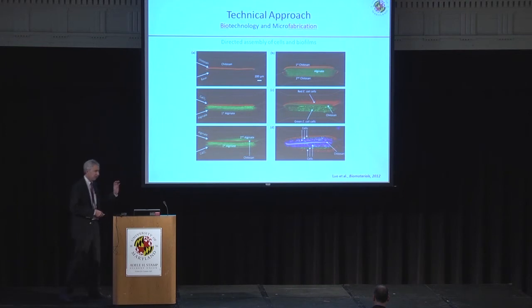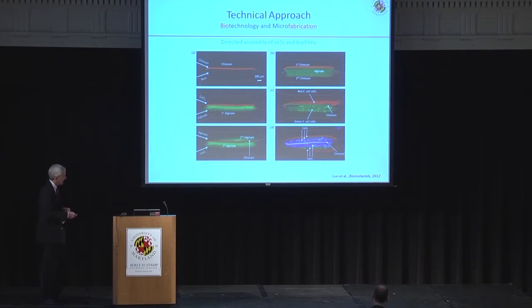And what's neat about this is that you can layer cells very rapidly in minutes. They're functional, they're active, they have media, and it's absolutely a system that allows you to control the flow of media and components to the cells to keep them viable for a long period of time.